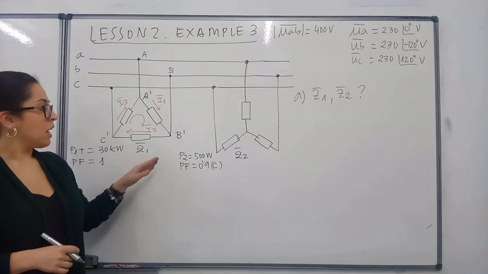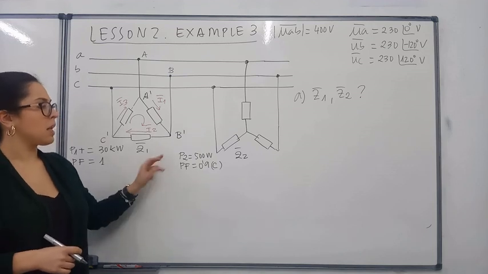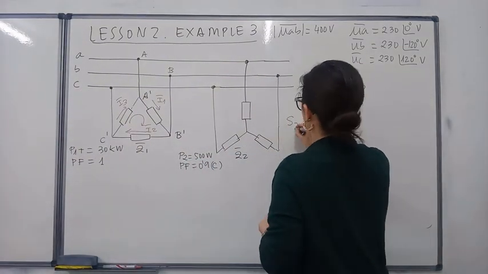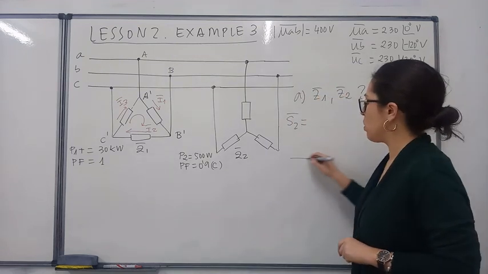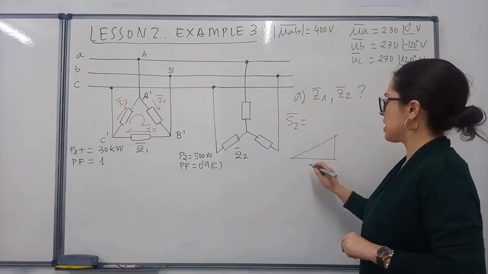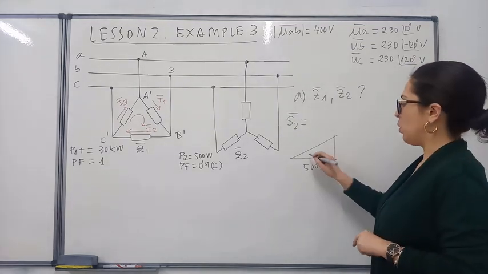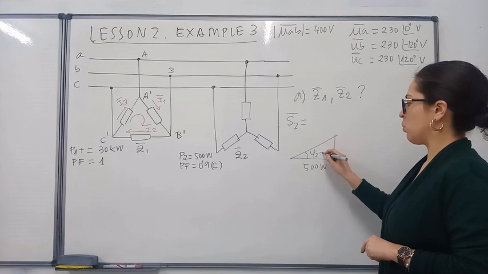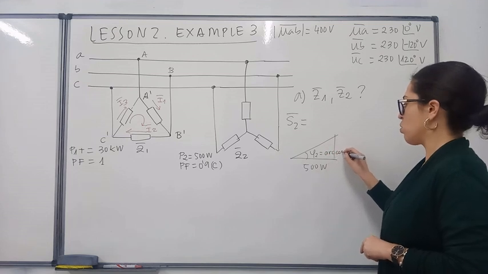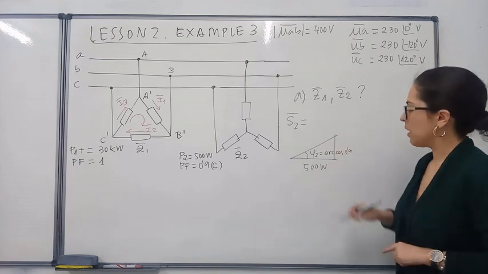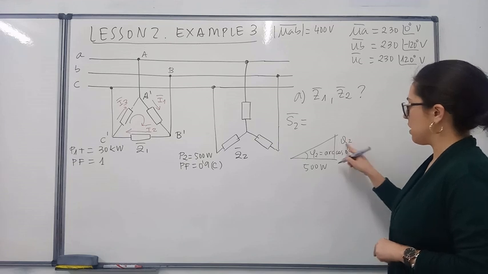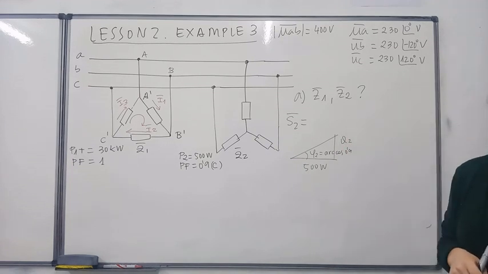So we can express the complex power because we know several things about it. We know that here we have 500 watts, and here we have an angle which is the arc cosine of 0.9, and then we can calculate the value of the reactive power.